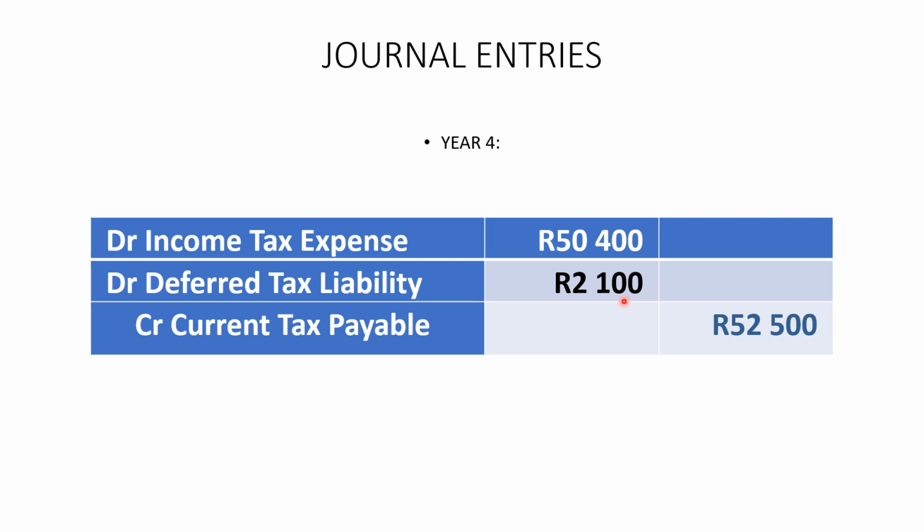If you can just quickly do it in your mind, let's try to draw a T account of our deferred tax liability. Remember, liability increases on your credit side. If you remember, from the first year, we add 2.1 that we put as deferred tax liability. It increased on your credit side. In the second year, we have 420, which also increases on your credit side.